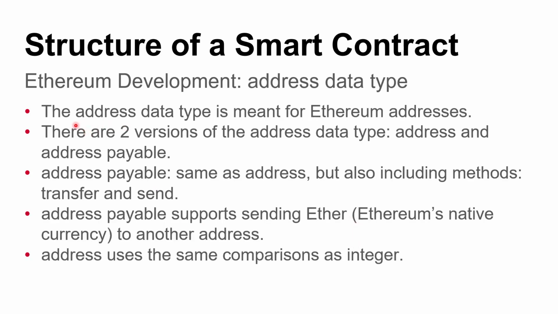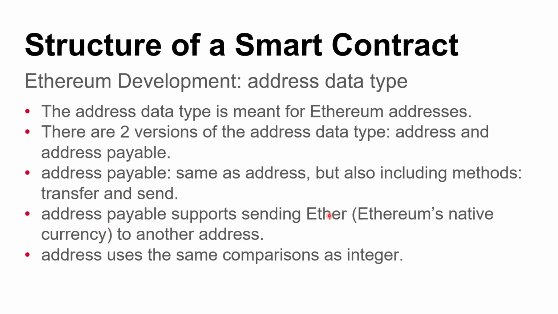So there's also an address data type in Ethereum, and there are two versions of the address data type. There is address and address payable. Address payable is the same as address, but also includes methods for transferring and sending. So again, address payable includes extra methods to transfer and send.